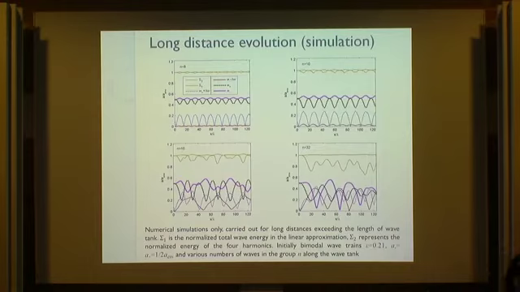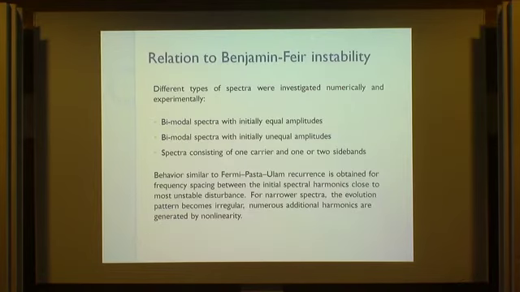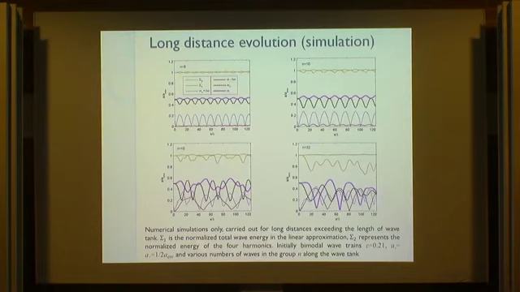But we saw that the simulations compare pretty well with experiments, so we decided to make just numerical simulations and see how these harmonics will behave over long distances. Like here it's 120 wavelengths, and the carrier wavelength in our facility was 77 centimeters.